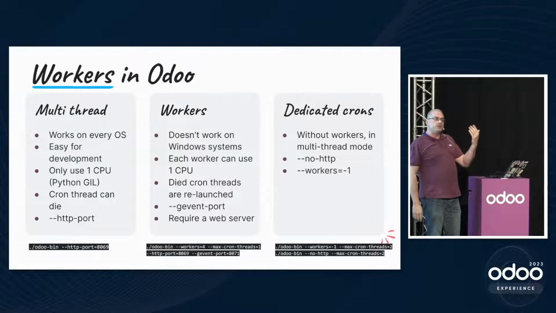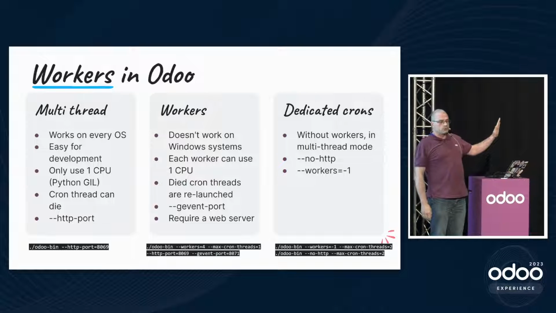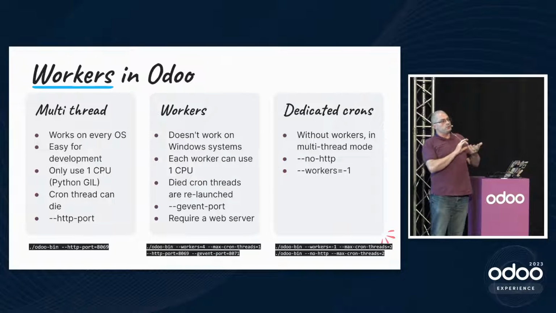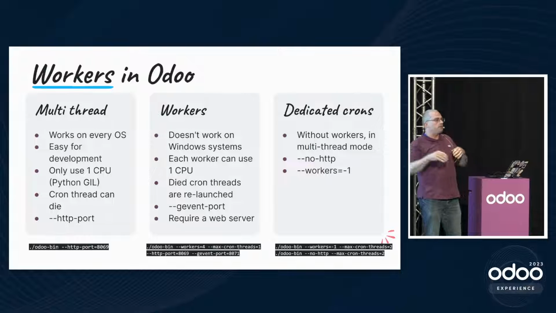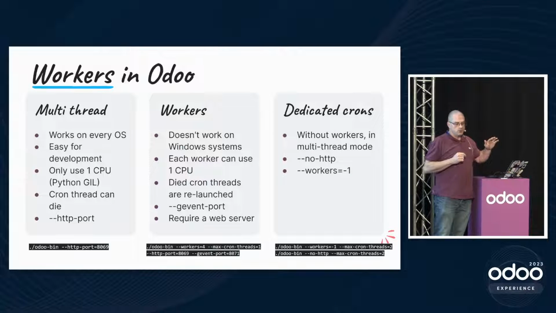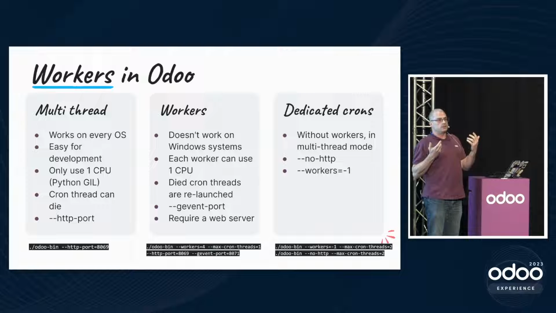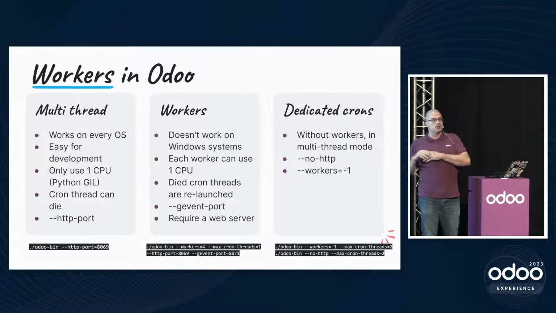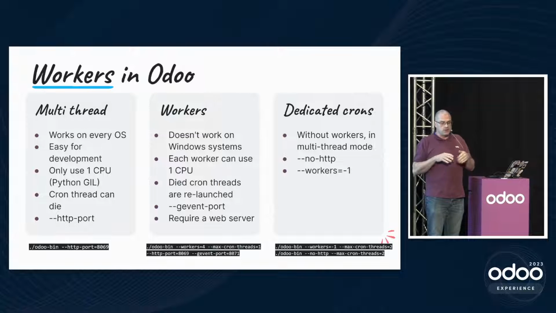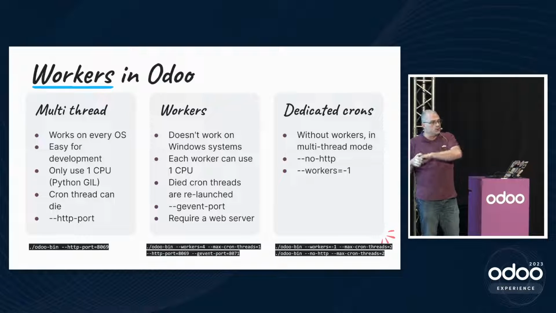It's also possible to dedicate a process to the crons. So we will use a machine for the HTTP request and another one for the crons. To do this, we will start Odoo for the crons without any worker of any kind and just with cron processes. There are two options to do this. Either you specify workers equals -1. It's -1, not 0. If it's 0, you are back to the multi-thread mode.